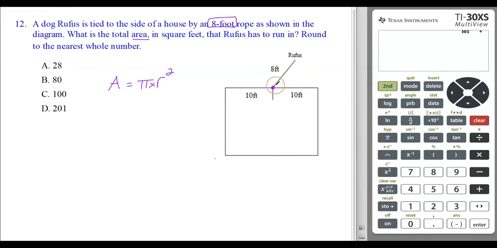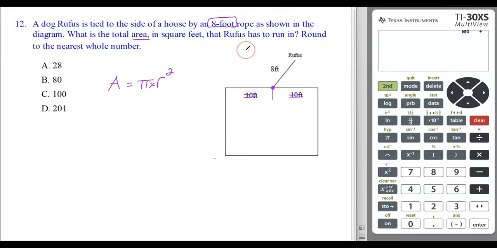Because if the rope were longer than 10 feet, then the dog could run around the corner of the house like this, but we don't have to worry about that. So since we don't have to worry about that, in reality, these 10 feet right here are not really going to come into play in this problem.